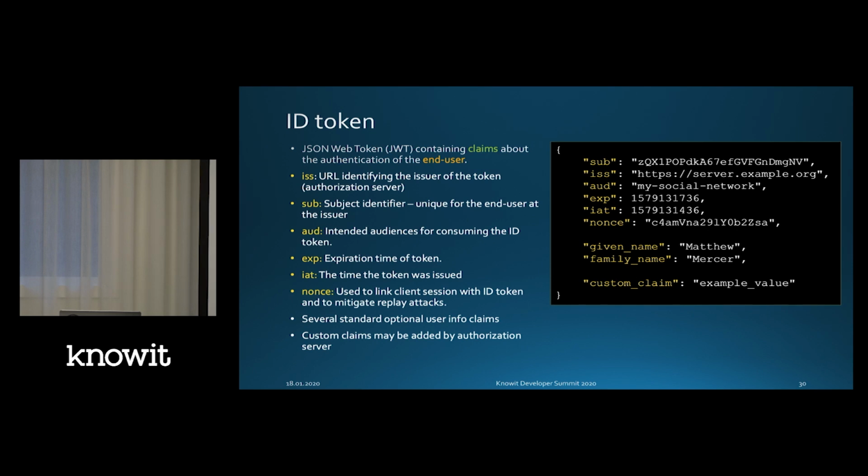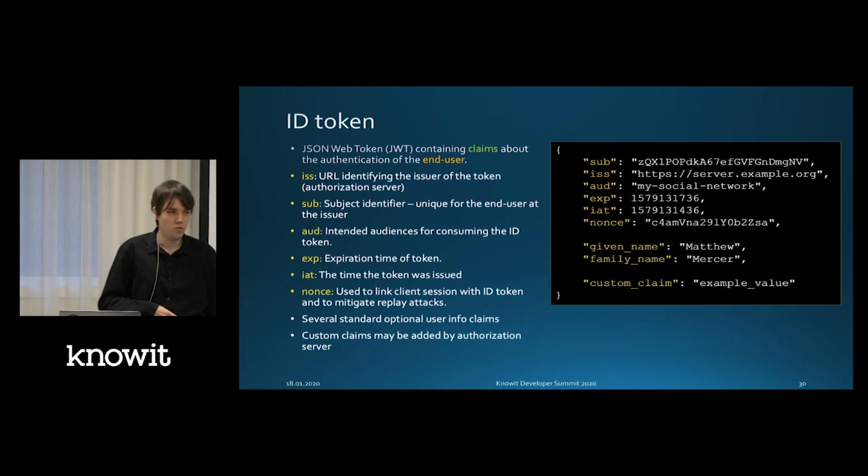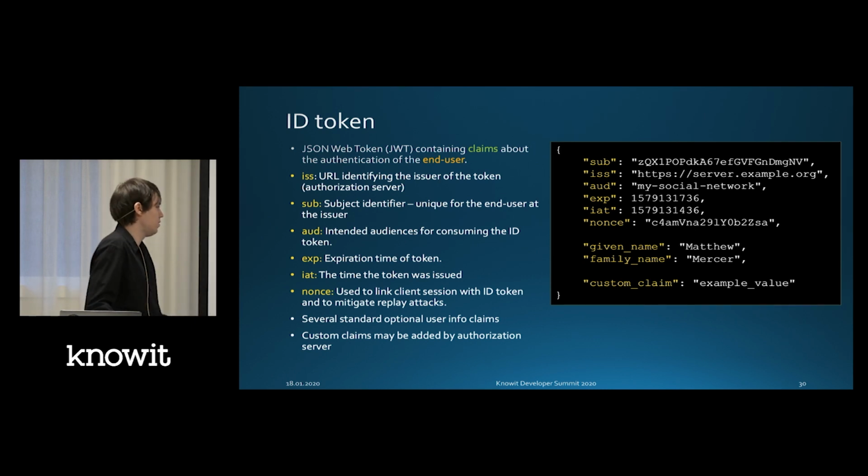Then it's the issuer. You should always make sure that that is the same as where you did the request. It also tells you when this token cannot be considered valid anymore, when this information may be outdated, and when it was issued. It also tells you when the user logged in, when the authentication happened.